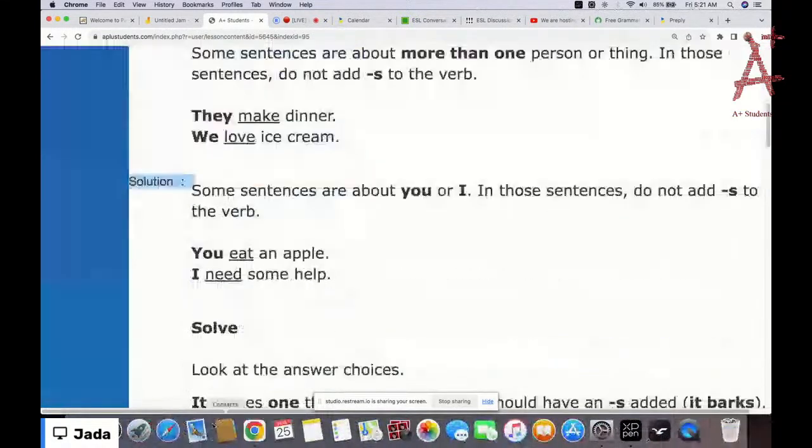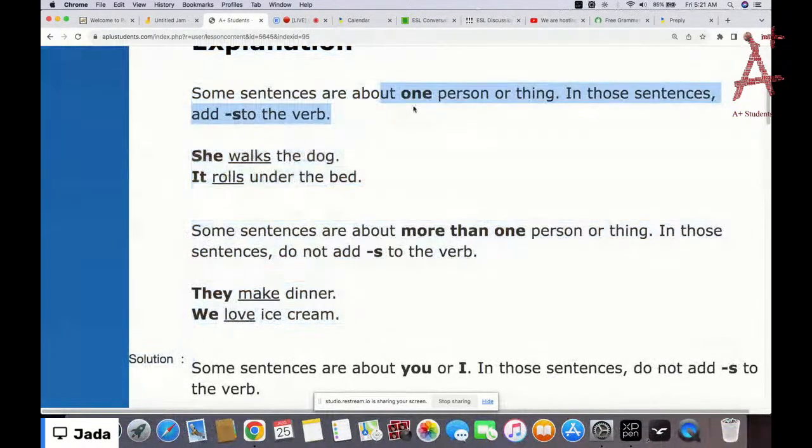Some sentences are about one person or thing. In those sentences, add S to the verb. So let's say the question comes and you only see the verb. If the verb has an S in it, you know that the subject is going to be what? Singular. Do not confuse it. That's very important to note, the difference.